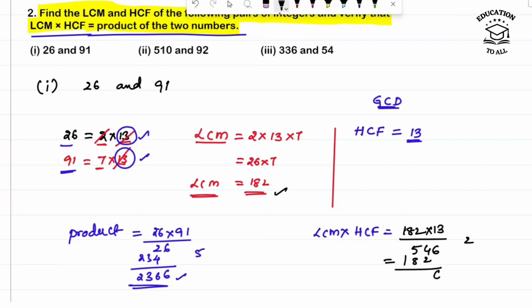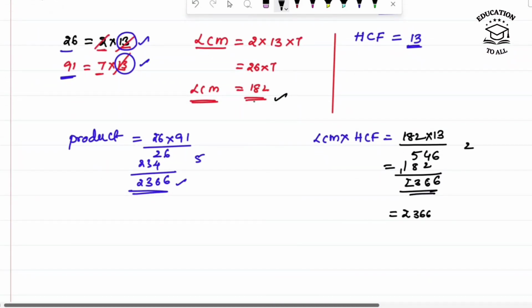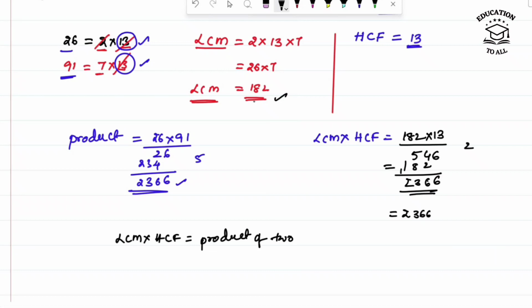So adding all together, we get 2366. Therefore we can cross-check that LCM into HCF is equal to the product of the two numbers.